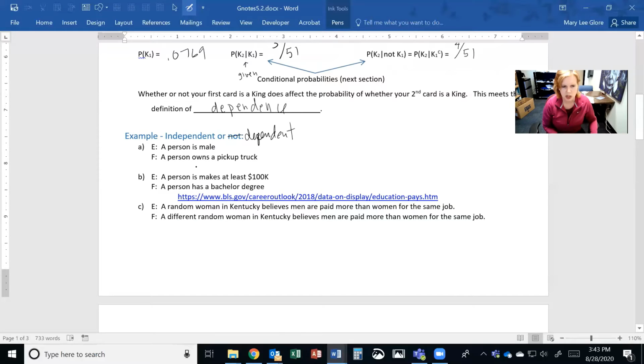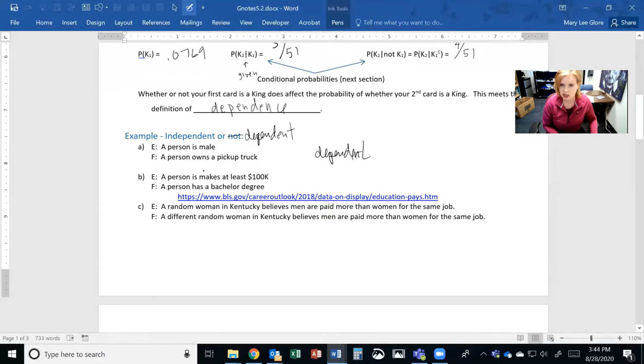Is the proportion of males who own pickup trucks different from the proportion of females who own pickup trucks? And the answer is yes. So the gender affects the probability of having a pickup truck. So this is dependent.